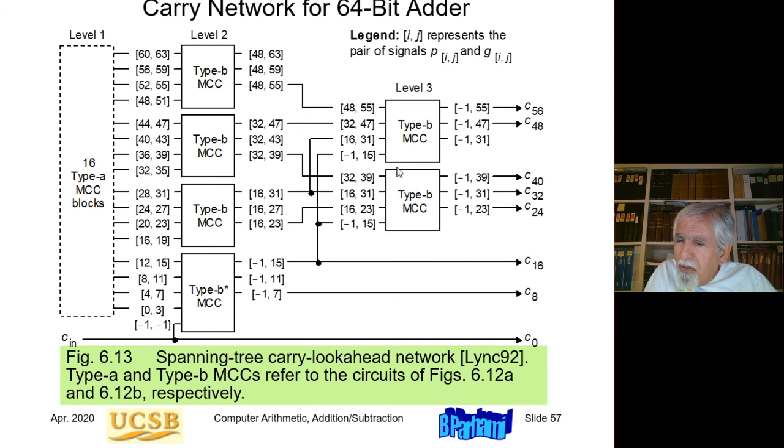And then if you follow through here, you see that all the carries that we require, C0, of course, is an input, C8, C16, all the way to C56 are derived with 3 of these blocks on the critical path, a type A block and 2 type B blocks. And this design is where that idea of overlapping blocks was introduced.